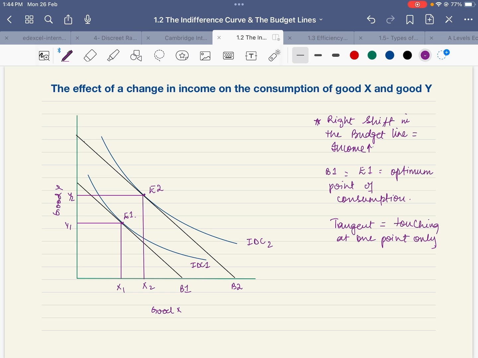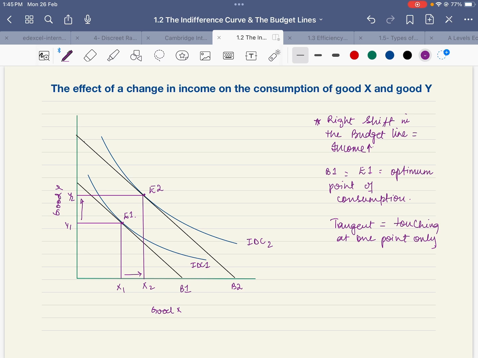If the income increases, then this will allow the consumer to choose a better combination of X and Y. When the income increases, the consumer will be able to consume more of good X and more of good Y, both. So if the budget constraint or the budget line shifts outwards from B1 to B2, then the consumer will increase the consumption of good X from X1 to X2 and the consumption of good Y from Y1 to Y2.